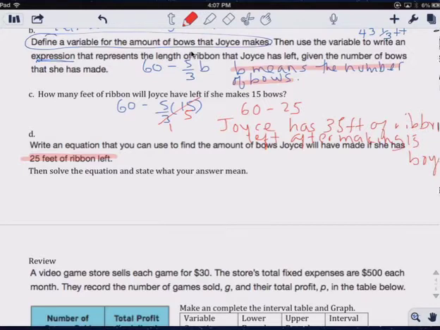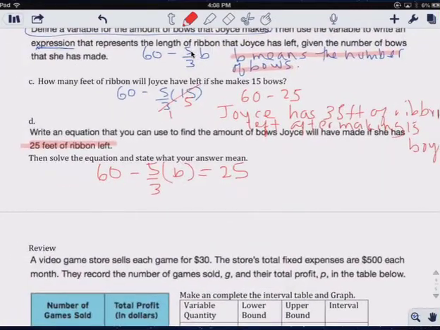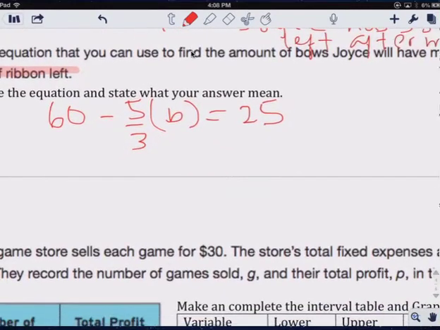So the equation is 60 minus 5/3 times the number of bows she'll need to make, and after she makes the bows, what's left, the output, is 25. That gives you an equation to work with.